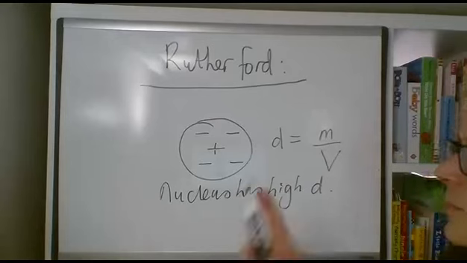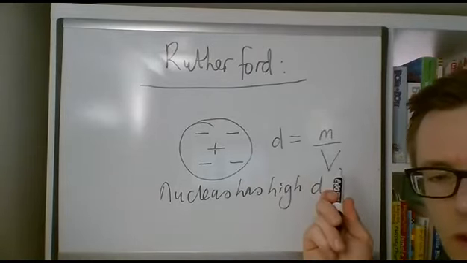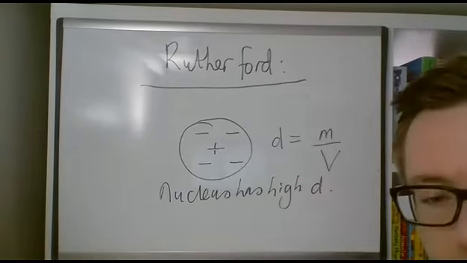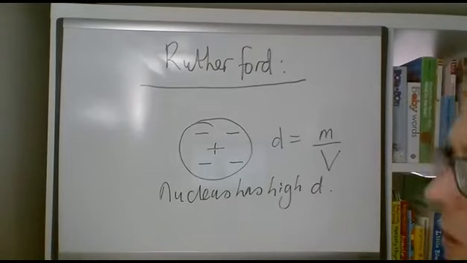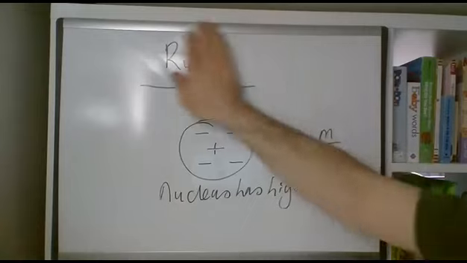What does that mean? It means it has a large mass over a very, very small volume. How did he come to that conclusion? He came to that conclusion from the gold foil experiment. So let's have a quick look at the gold foil experiment.